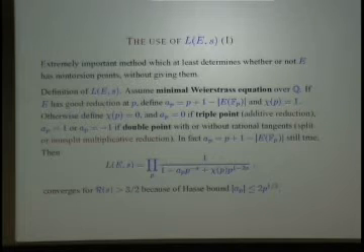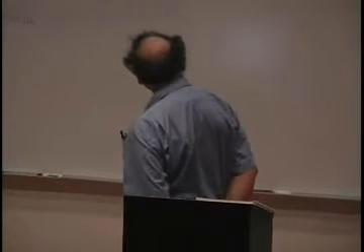Anyway, you define the global L function of the elliptic curve, L of E comma S, as the product over all primes of this local factor, 1 over 1 minus A sub P times P to the minus S, plus chi of P times P to the 1 minus 2S. Chi of P, remember, is 1 or 0. Now, there are many good reasons for which you want to define L of E,S in this way.